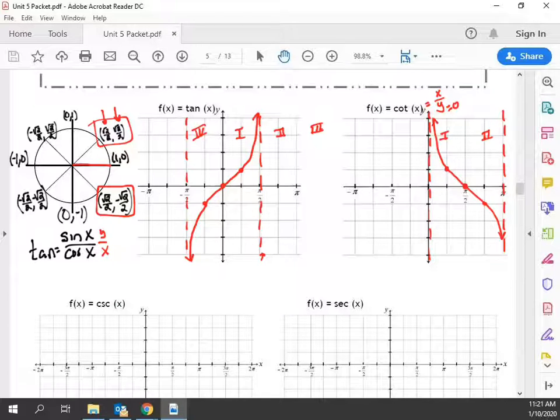So I'm going to write this over here. Tangent: start at center or origin, increasing. Cotangent: start with asymptote, ends decreasing.